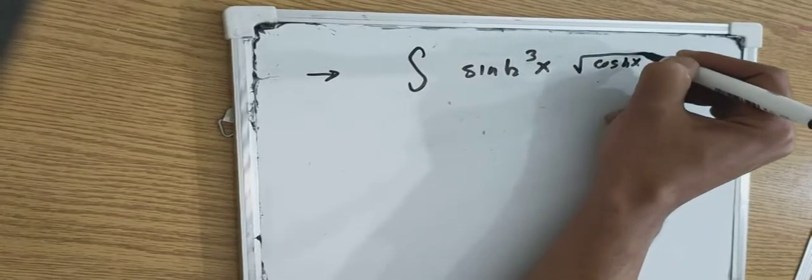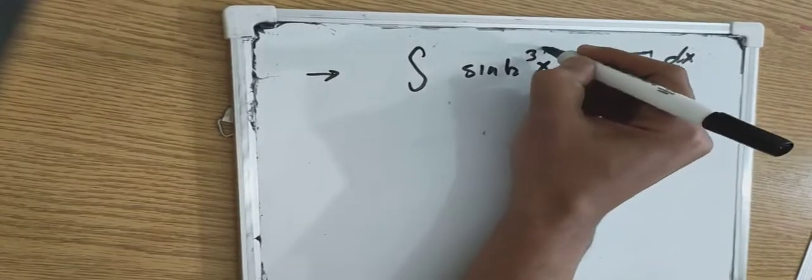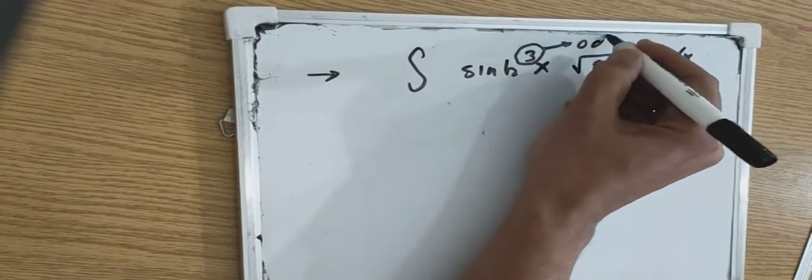Let's see another example to make the idea clear. If we need to integrate sine power 3x times root cosine x. Again, we have one of the four functions we mentioned, sine or cosine, with odd power, which is sine here, power 3.